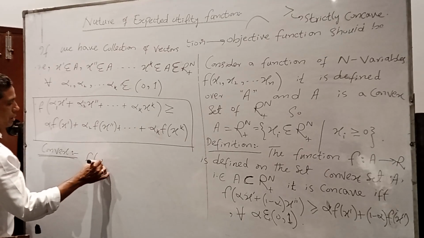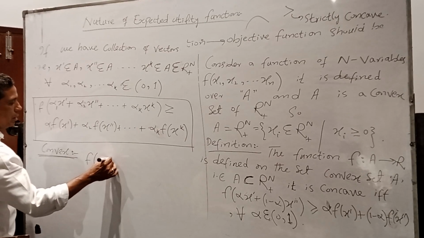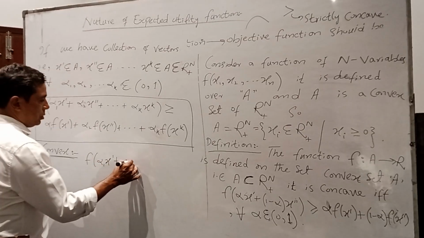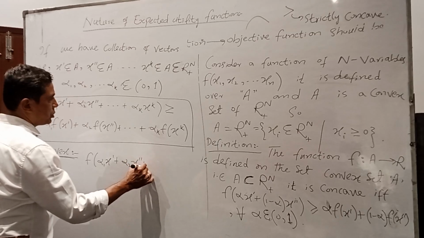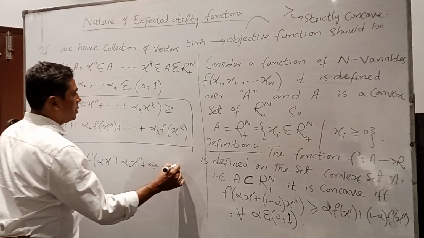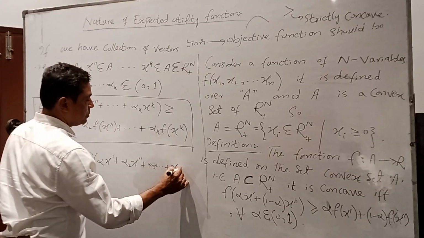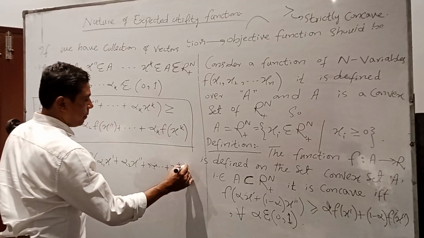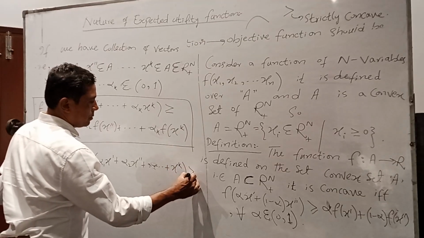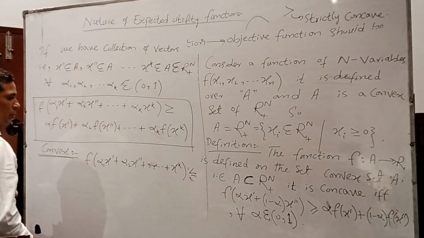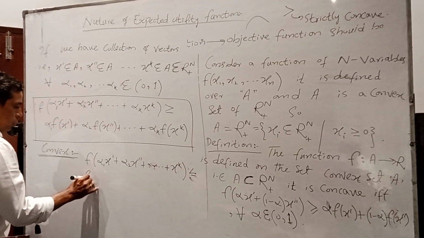So it is alpha 1 x1 plus alpha 2 x2 plus up to xk less than equal to.